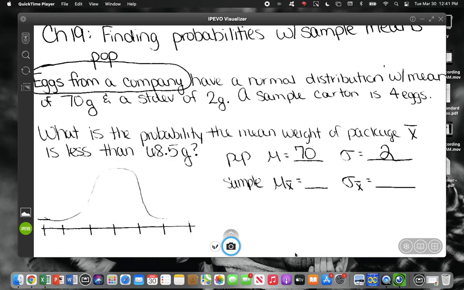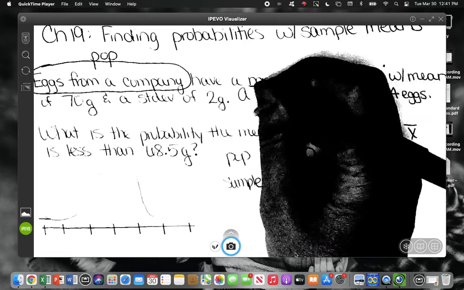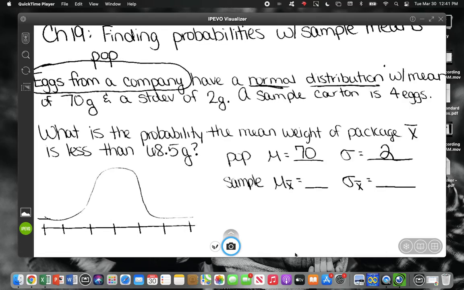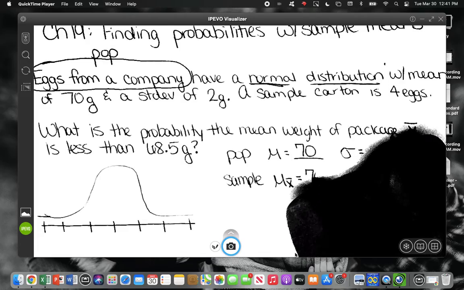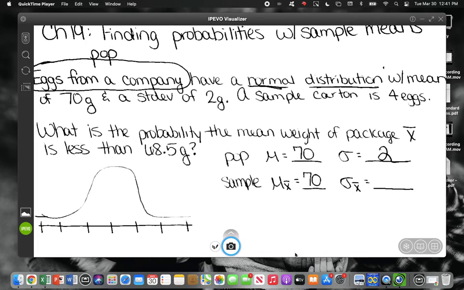It tells you on this one that the population is normal, so even though the sample size is really small, we can go ahead and calculate a mean and a standard deviation for this sample and draw the curve. The mean is the same as the population, so our mean is 70. For our standard deviation, we have to do a little bit of work.